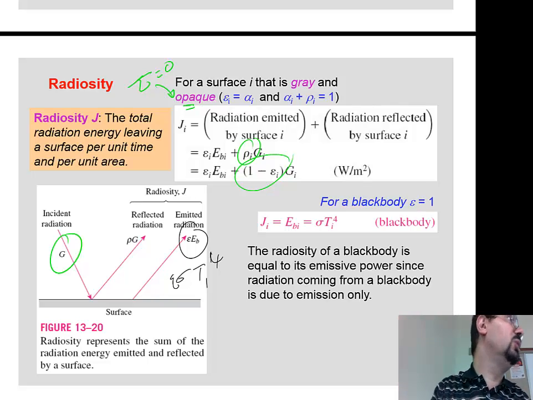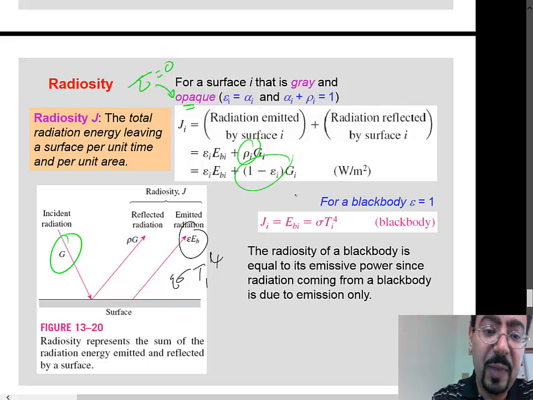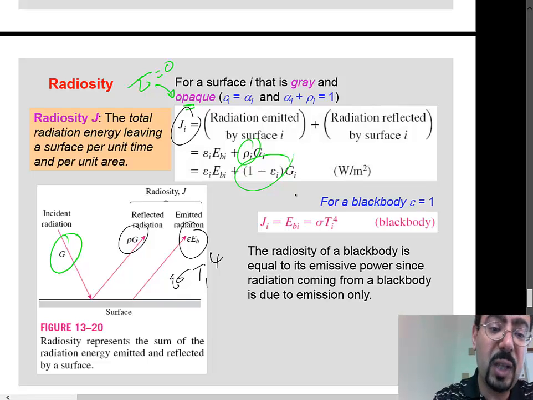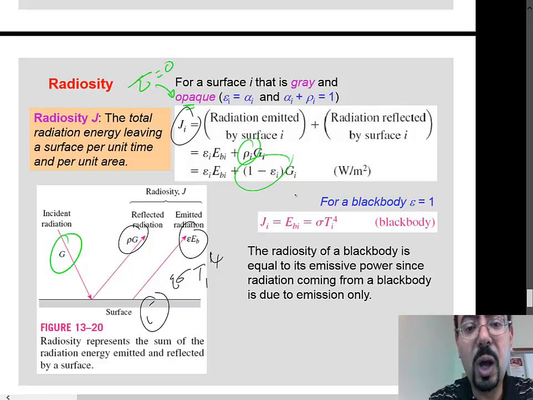You are at 1000 Kelvin, like the black body at 1000 Kelvin, but you will not radiate that much. Alright? So on top of this, you have rho G. And so Ji, the radiosity of surface i, is rho i Gi plus epsilon i E black body i. Alright? That's what goes outside.